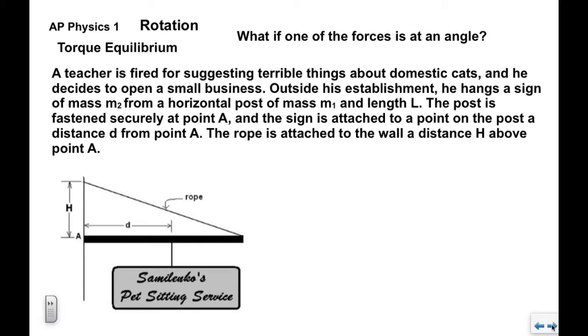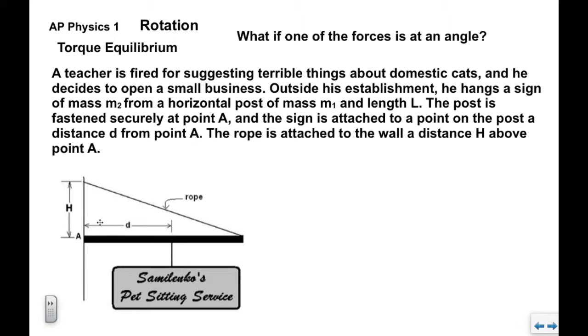So now the last situation here: what if one of the forces is at an angle? We have a signpost here that is securely fastened at point A. It's held up by a rope that's attached at the end and is connected to a point some height h above the beam.